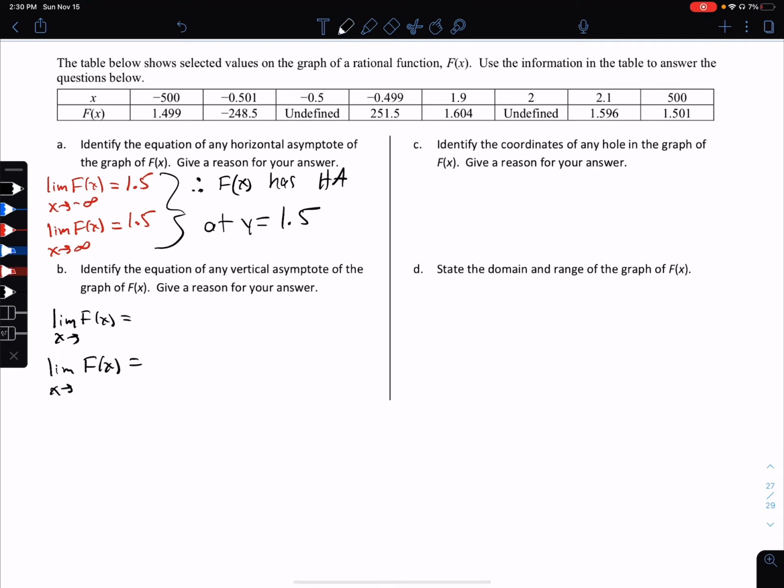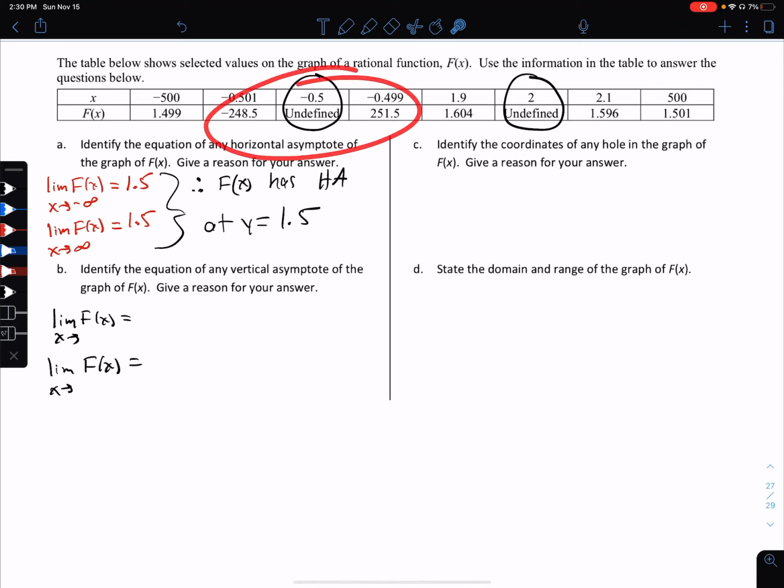And f of x is also here approaching positive or negative infinity. So if it's approaching positive or negative infinity, it means the y value doesn't exist. And if we look up here, the y value doesn't exist here, and it doesn't exist here. So that could mean one of two things. It could mean there's a hole there, could mean a vertical asymptote.